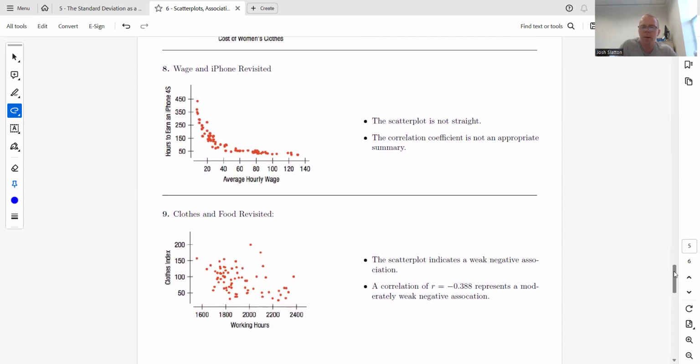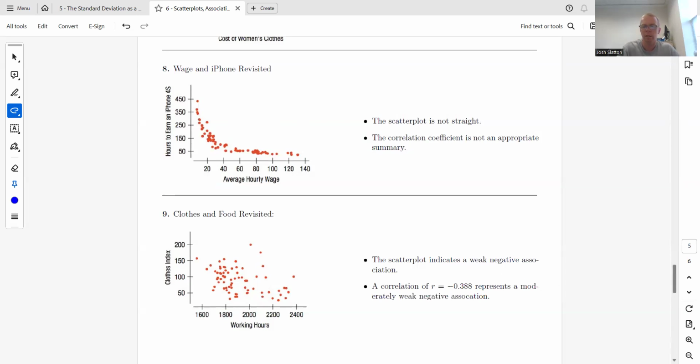If it's a weak association, you can still do a correlation coefficient, because it has to be pretty strongly not linear to rule it out. So usually if there's a weak association, you can still find a correlation coefficient just to prove what you can see from the scatter plot. And in this case, negative 0.388 represents a moderately weak negative association.